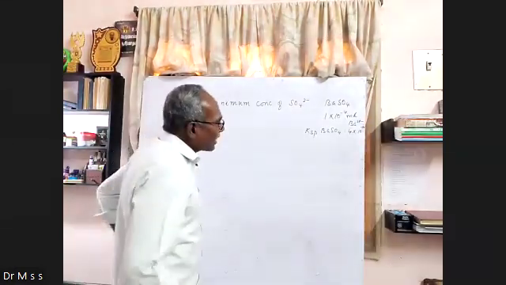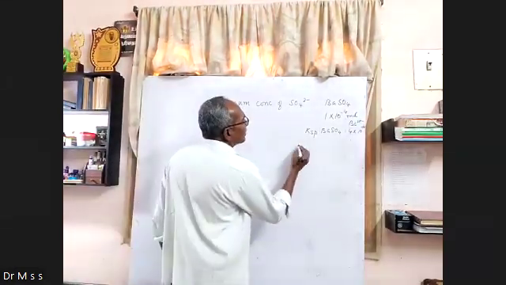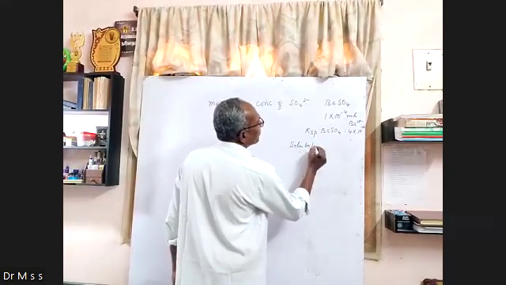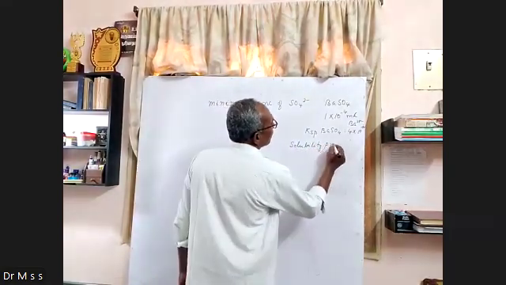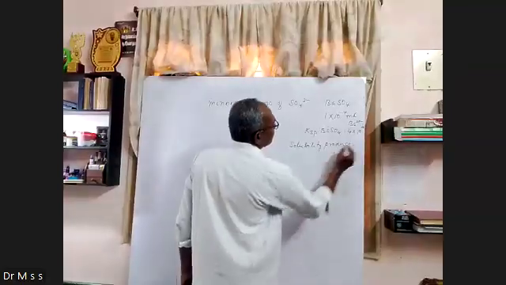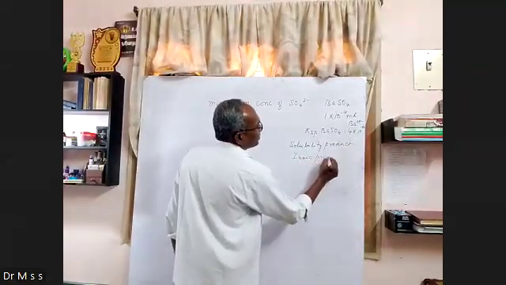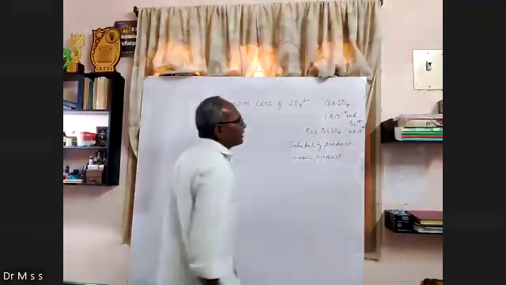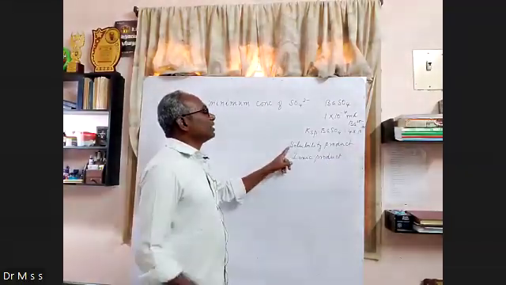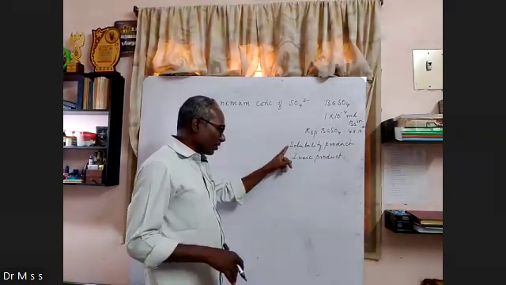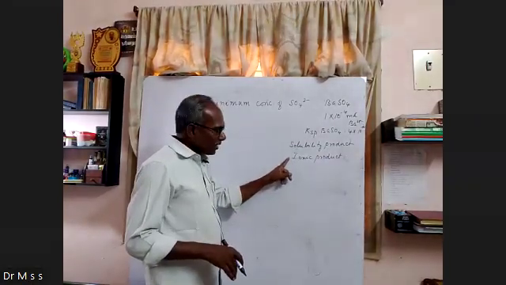You should understand the relation between solubility product and ionic product. Solubility product is the equilibrium constant when the equilibrium is established, as in the case of equilibrium constant and reaction quotient.